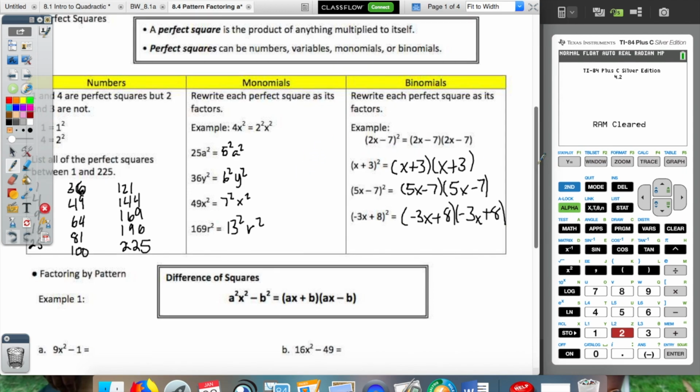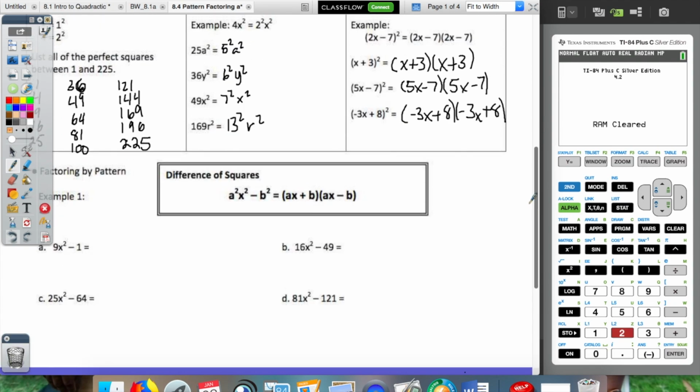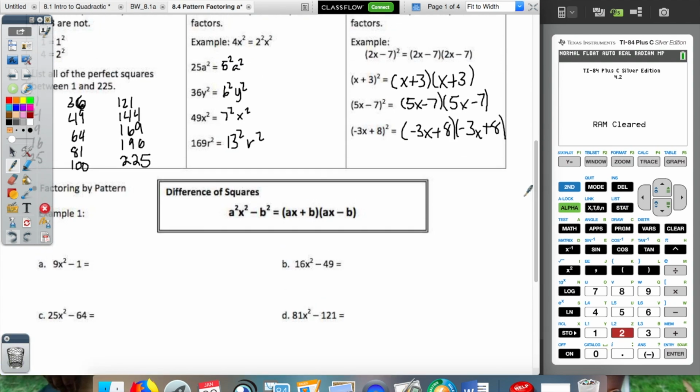All right, so let's look at this one. We've looked at factoring where we did the snowflake method and all that good stuff. Well, there are a couple of patterns we can notice. The first pattern is called a difference of squares. For it to be a difference of squares, it has to have three things. First, it has to have perfect squares.